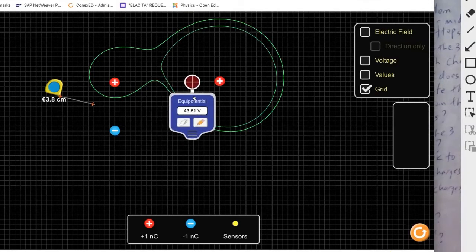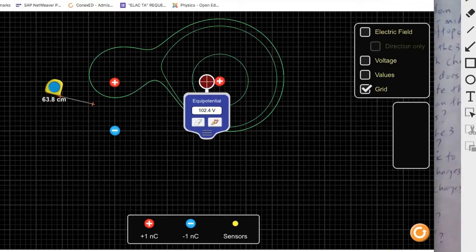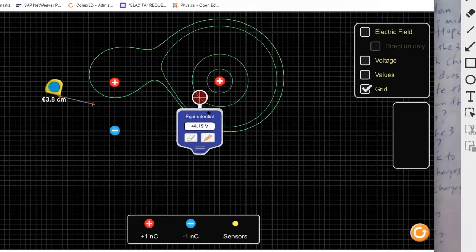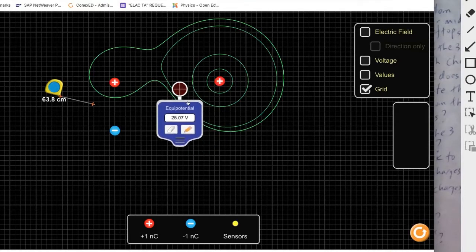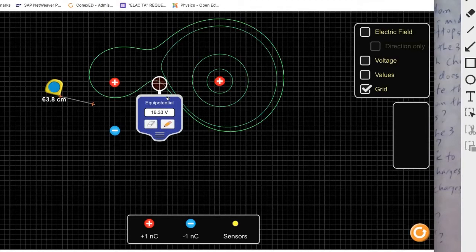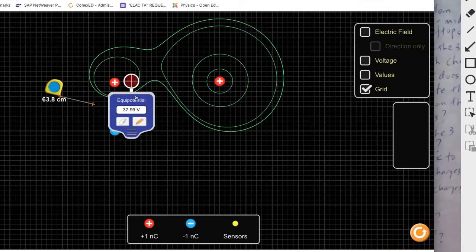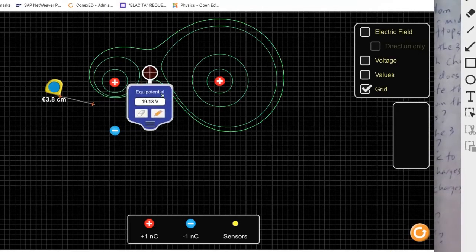I can go to random locations. Okay, so everywhere here is 102 volts. Everywhere here is 45. So the voltage is going down, 19 volts here. This one is 16 volts. Now if we go this way, oh, beautiful feature. I love this.